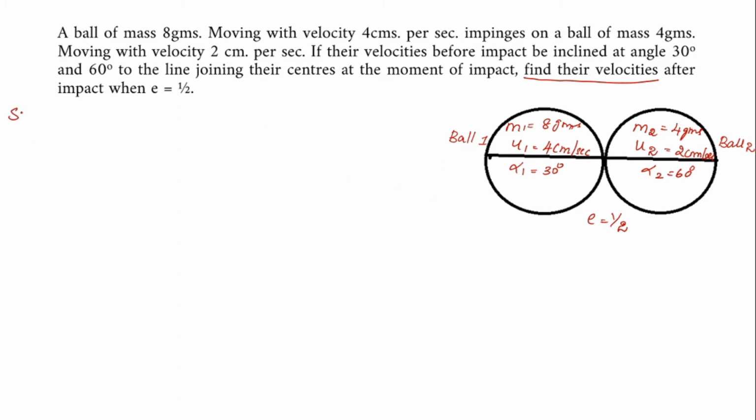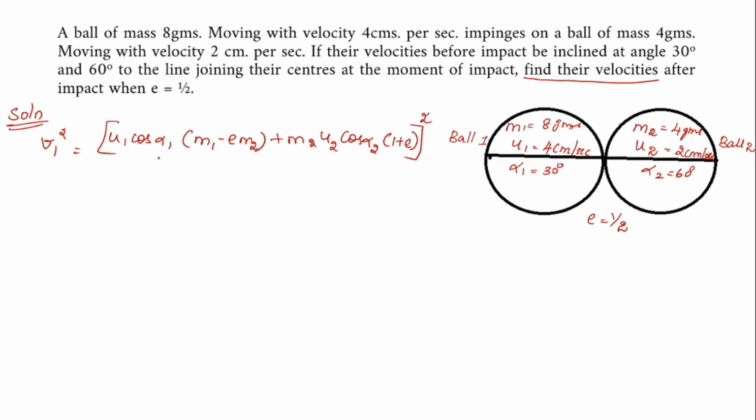Solution. We derived that v1 square is equal to [u1 cos alpha 1 into (m1 minus e m2) plus m2 u2 cos alpha 2 into (1 plus e)] the whole square, divided by (m1 plus m2) the whole square.